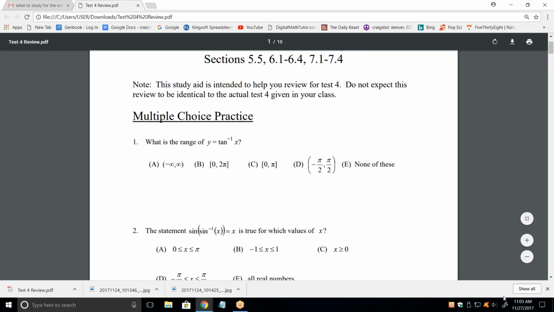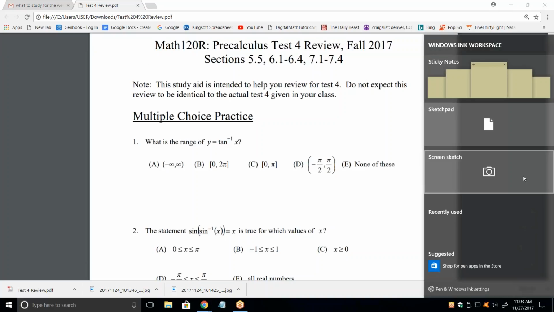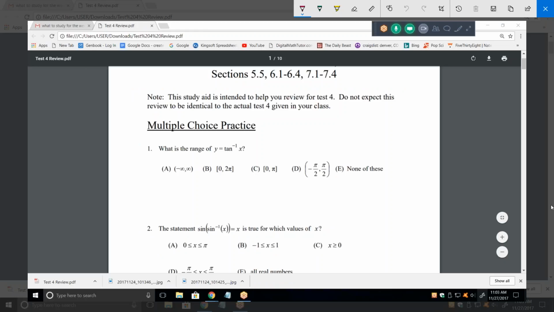All right, let's see. How am I going to answer this question here? First of all, there's a couple of ways to go here. But let's talk about inverse functions.